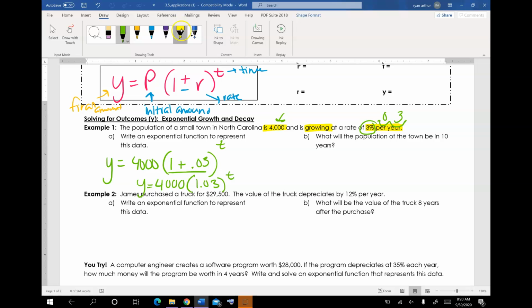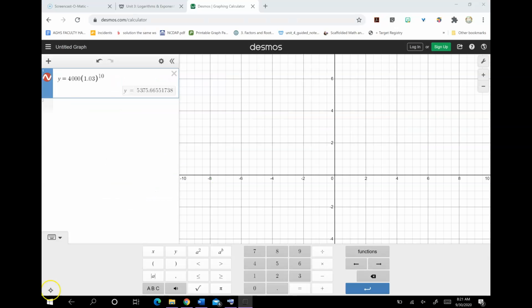So we go to part B, and it says, what will the population be in the town after 10 years? Well, 10 years is my T, right? I've already made the equation. I just have to replace t with 10. So we're going to say y equals 4,000 times 1.03 to the 10, and we're going to type this into Desmos. So I've got it typed into Desmos, and my answer will be after 10 years.